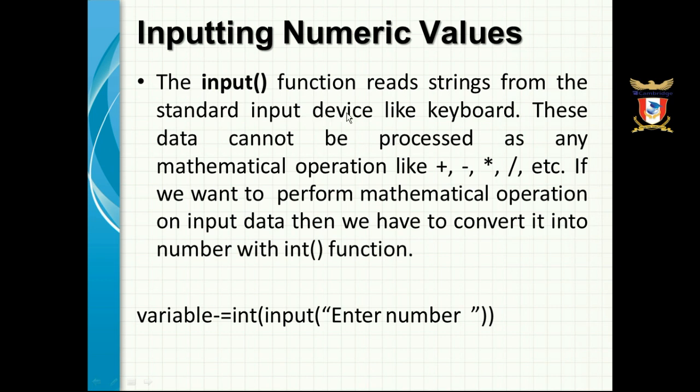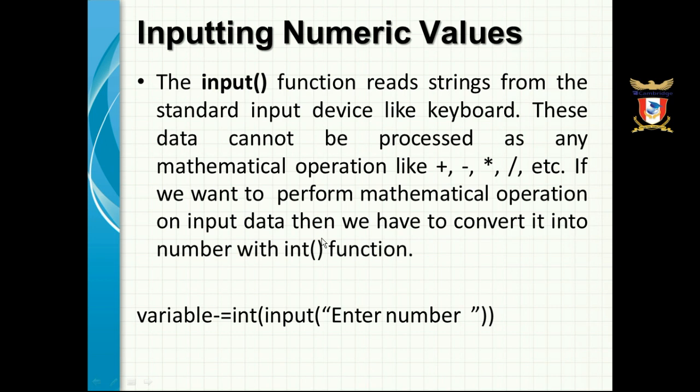So if you want to convert a numeric string into a number, then we have the int function. We already discussed the same function in previous sessions. Also we have functions like int and float, to convert a numeric string into its equivalent numeric value.